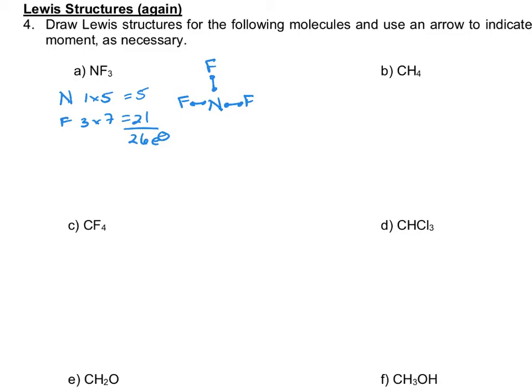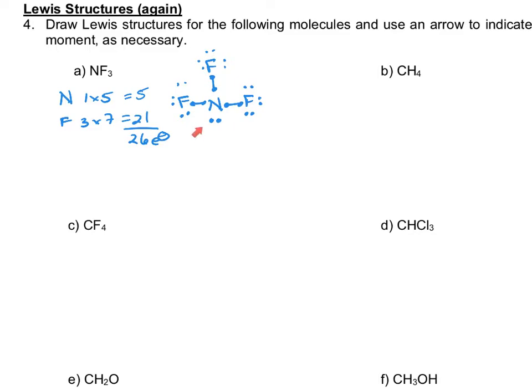These start to go around the fluorine. 2, 4, 6, 8, 10, 12, 14, 16, 18. So now we're up to a total of 24 electrons. We've got 2 more to distribute, and then these now will go to the central atom. There's your 26 total electrons.